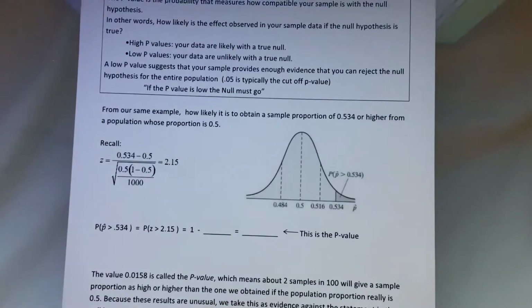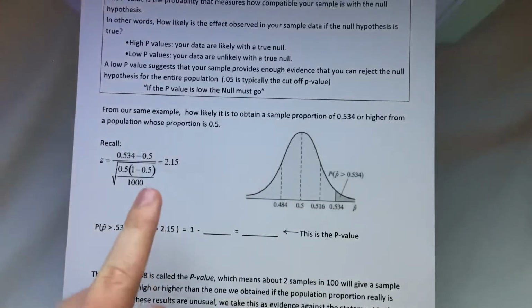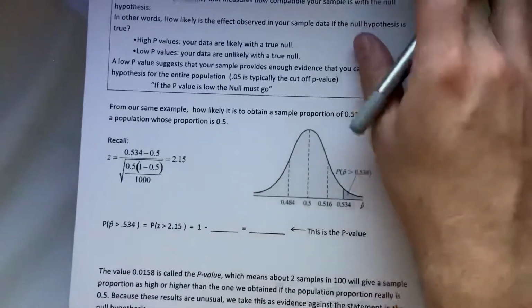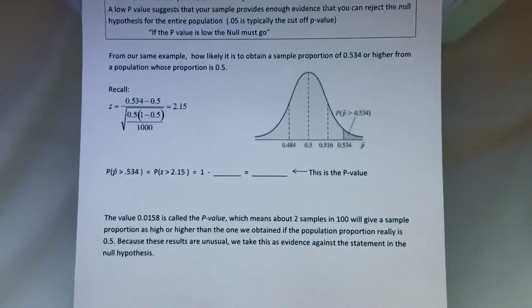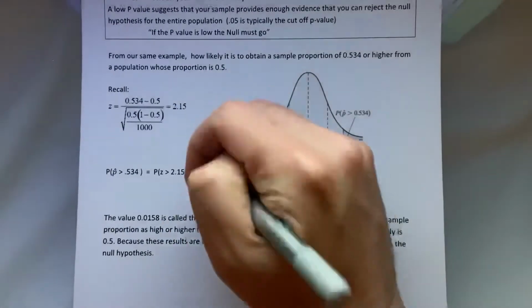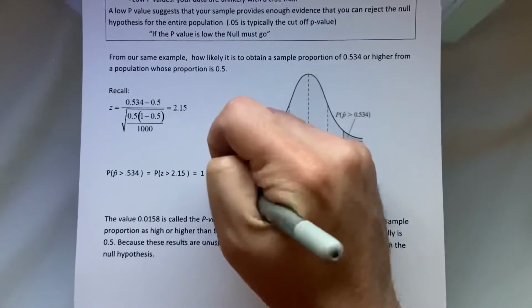So from our same example, how likely is it to obtain a sample proportion of 0.534 when the population proportion is 0.5? We got that z-score of 2.15. Now we go to our z-table. What's the probability that z is greater than 2.15? Remember, to go to the right, we have to do 1 minus. So we found the z-score for 2.15.